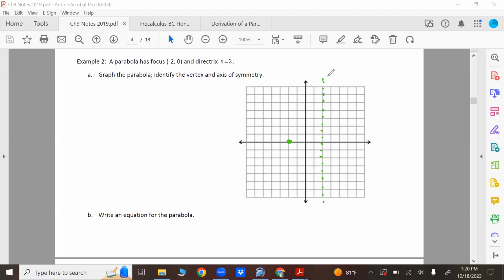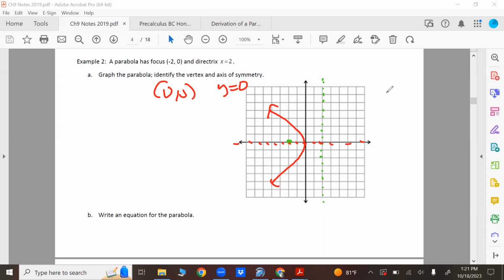Now, just so you know, the focus has to be inside the parabola. The directrix is behind it, always. So I expect my parabola to look kind of like this. This is a rough sketch, not totally accurate, but it's fine. The vertex is 0, 0. The axis of symmetry is now the x-axis, or y equals 0.